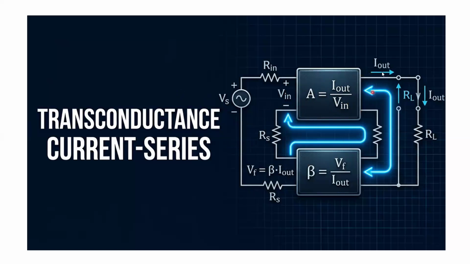Because the output here is current, and the input voltage is the difference between the input source voltage and the feedback voltage. So this voltage is in series with the source voltage. That's why it is called current series feedback. So that's the concept of how the transconductance model is built over here.